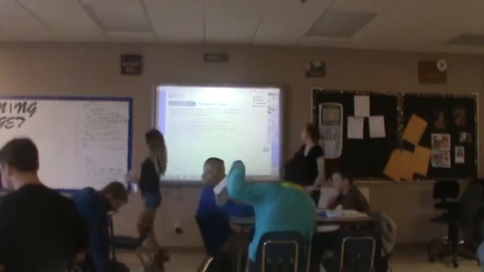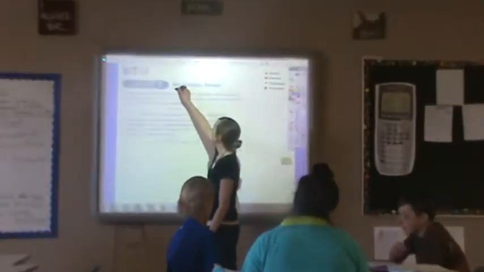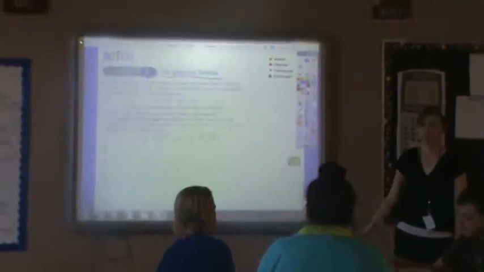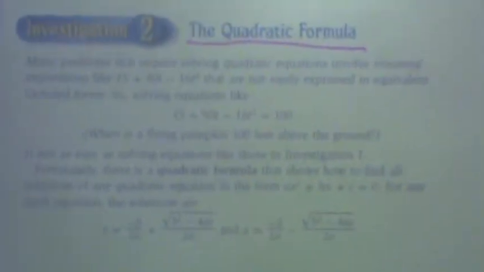So at the top of your notes, let's write quadratic formula. And yes, if you want to use the back side of your orange sheet, that would be great. It's like the next step on that sheet.